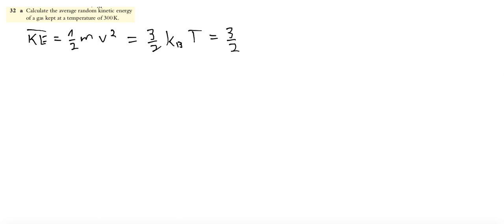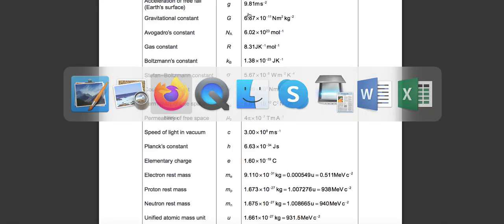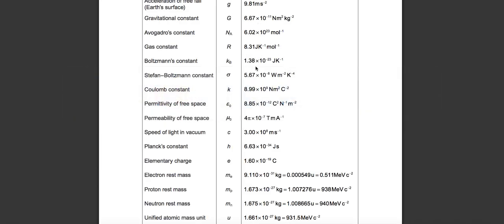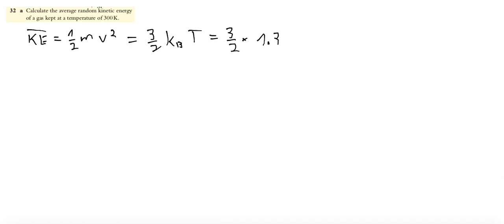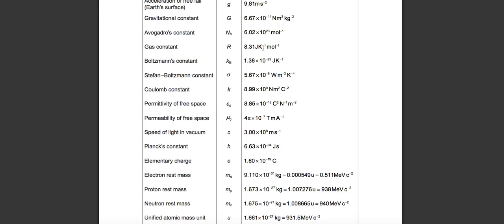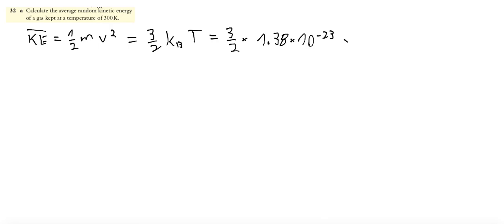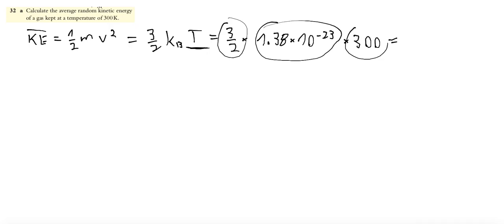If we have the temperature, we can calculate this by using 3/2 times the Boltzmann constant, which is 1.38 times 10 to the power of minus 23, unit is joule per kelvin, times 300 kelvins. Remember, in this equation temperature is in kelvins, so by multiplying these, you have the final answer. Clear?